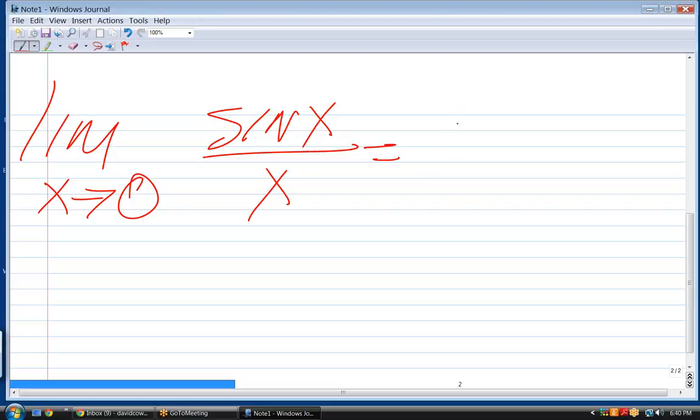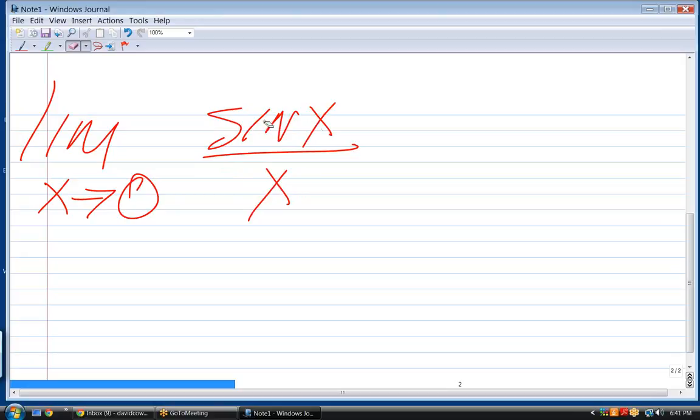Well, it's the limit of, actually, calculus is a bit strange, and I'll tell you why. There's a real easy way to solve the 0 over 0 problem. But until you've learned how to differentiate and take the derivative, you can't use that rule.